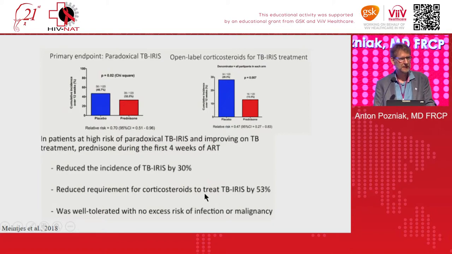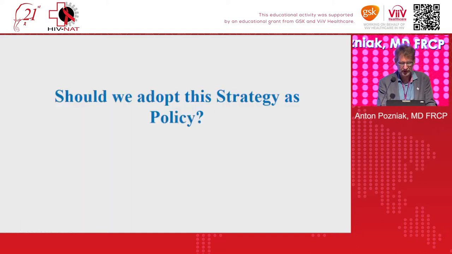It would be nice to repeat this in another setting where maybe the CMV is more prevalent, etc. So anyway, this is very interesting data. But now this has already got into some papers to say everybody with a low CD4 count, less than 100, who's got HIV, who's starting on antiretrovirals, should also be given prednisolone. And we have to now decide whether or not this should be in the guidance or not.